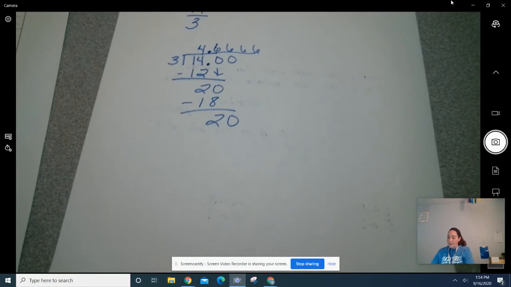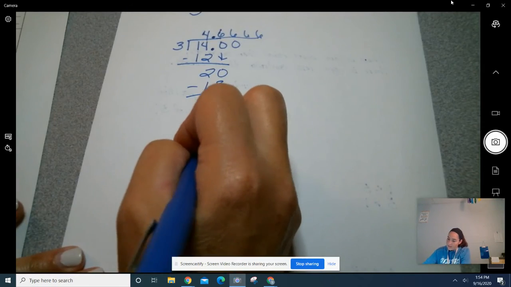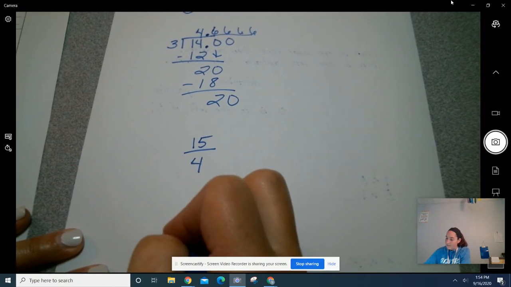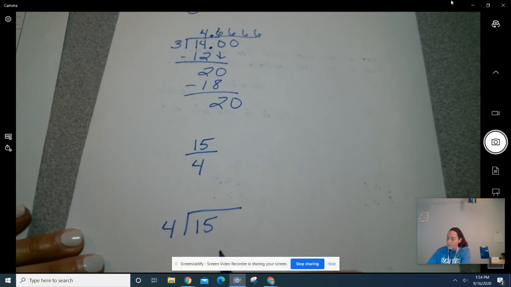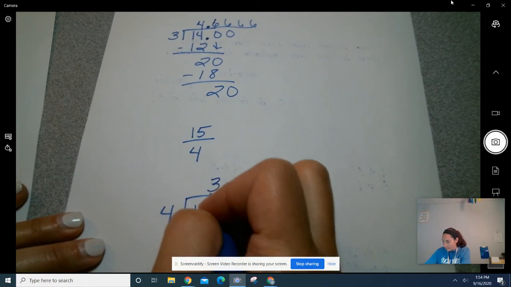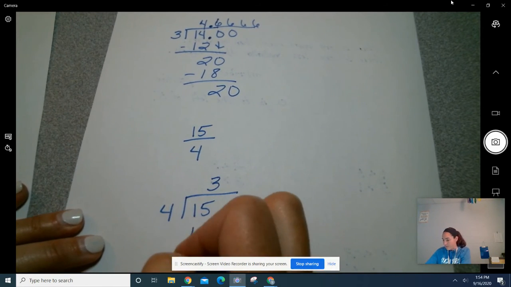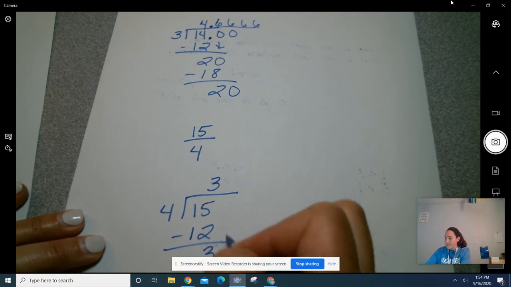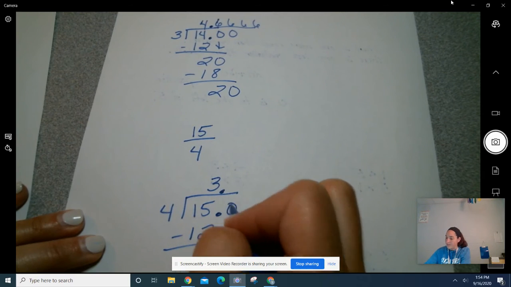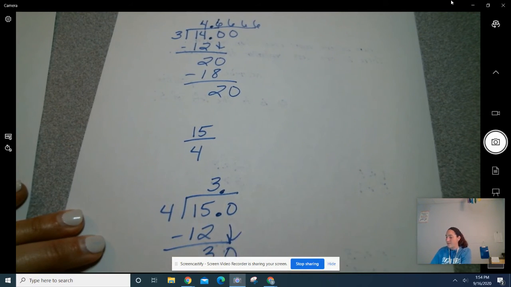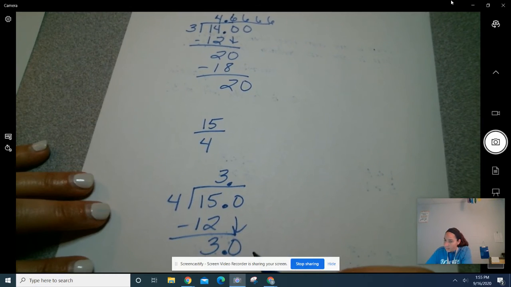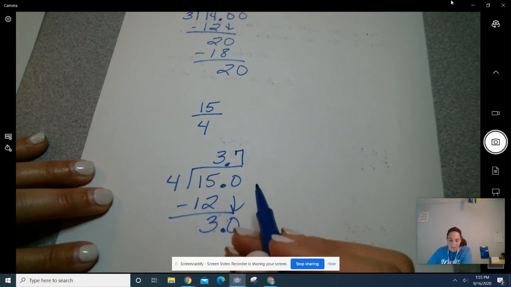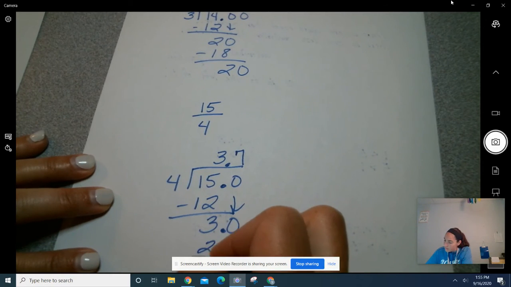All right, quickly I'm going to do 15 divided by 4. 4 goes into 15 3 times. 4 times 3 is 12. We subtract, we get 3. Again, you have to have a decimal here in order to add your 0. 4 goes into 30 7 times. 7 times 4 is 28.